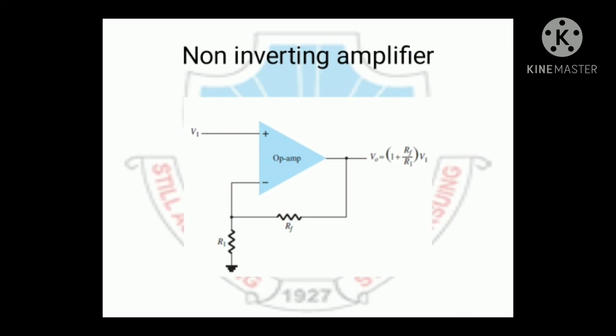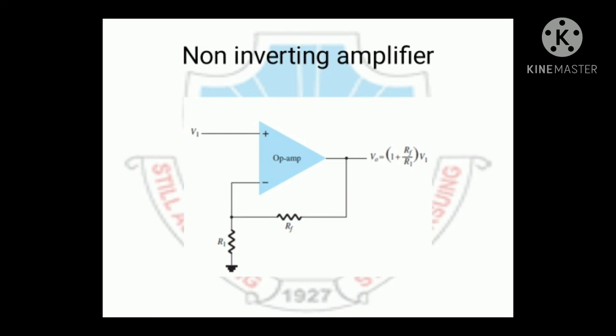The next circuit we discuss is the non-inverting amplifier. In this circuit, the input signal is provided through the non-inverting terminal. A negative feedback is provided just the same as we have provided in an inverting amplifier.